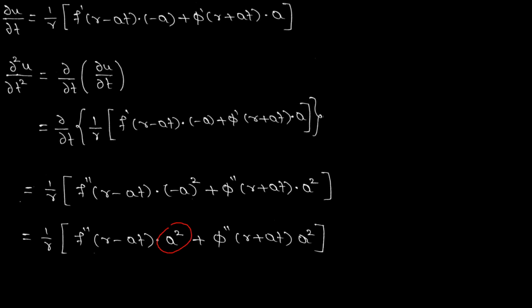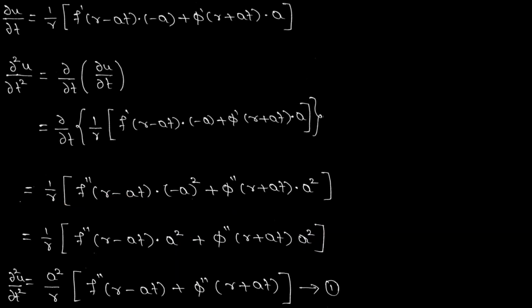We have written a square because minus whole square will be plus. Now you can see a square can be taken outside as constant. Yes, we have taken a square outside. Let us call this as equation number 1. This is our LHS of the equation which we have to prove.